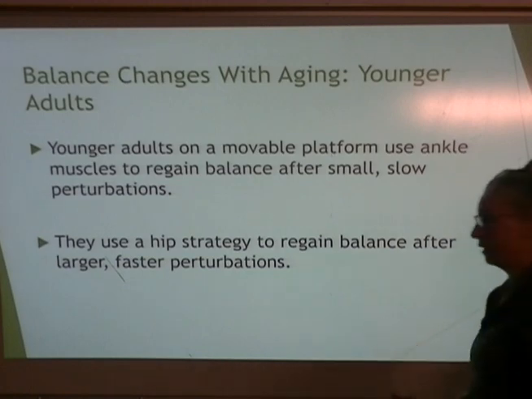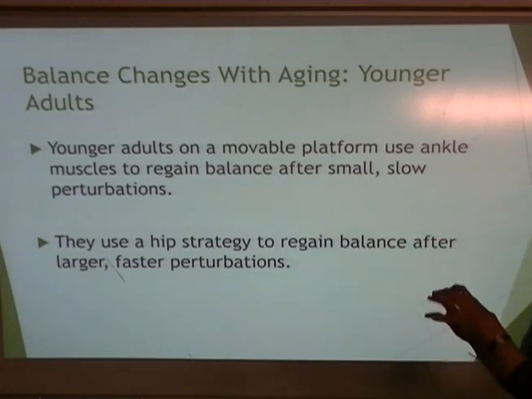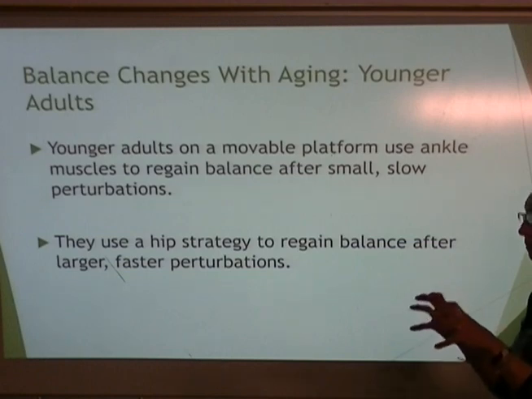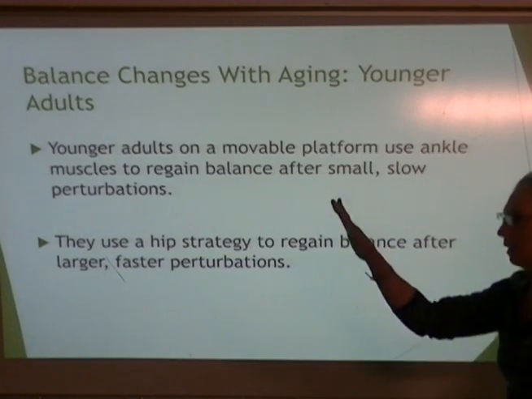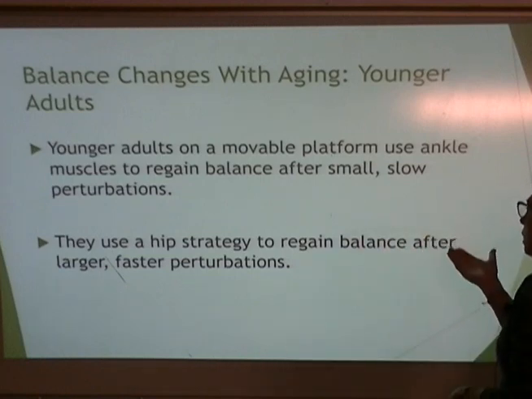So if I move this, I turn all these muscles on around my ankles to keep me upright. You see a big sway, but I don't fall.